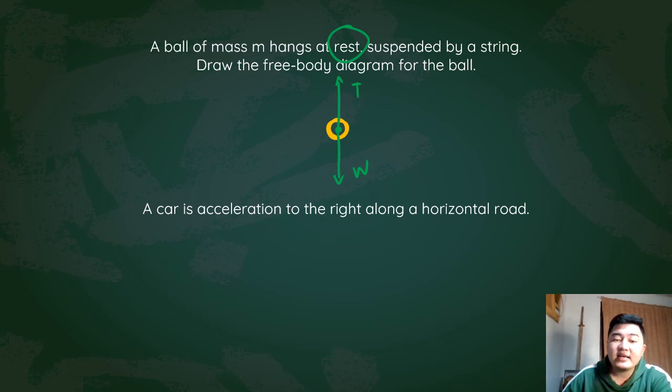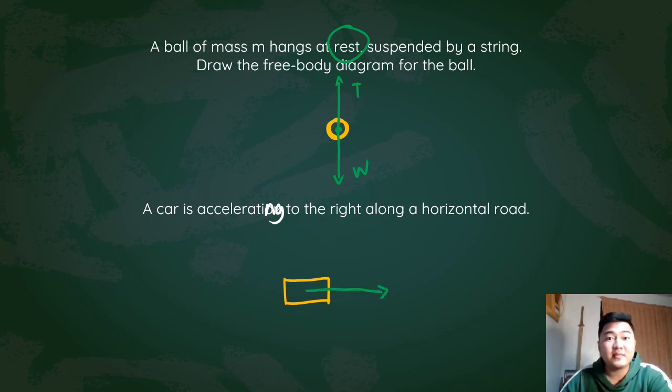Next, a car is accelerating to the right along a horizontal road. So what will be our free body diagram? If we represent the car using this rectangle, we have the thrust of the car that will cause it to move to the right.